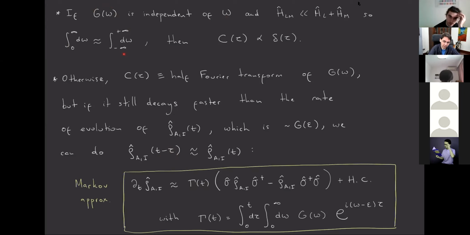In particular, these approximations in here are stronger than the approximation that we call the Markov approximation, okay? So they are kind of a particular case of a Markov approximation, but the Markov approximation allows for more general things. And now to finish, let me just discuss the form of these complex rates, okay?